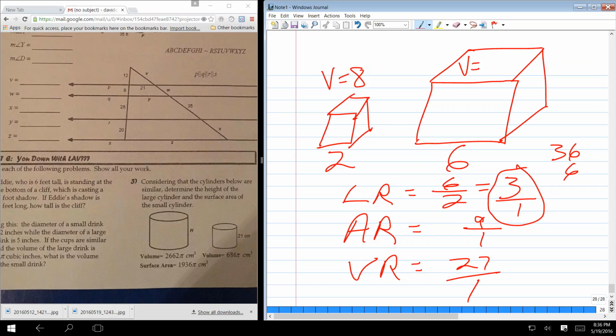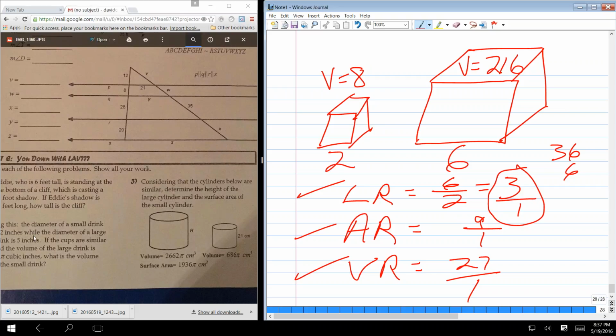That volume is 216, and that's 27 times 8. This is a very key point in geometry: when you can figure out a linear ratio, like we could on the soft drinks, where the linear ratio was 5 to 2, then we know the volume ratio has to be 5 cubed over 2 cubed.